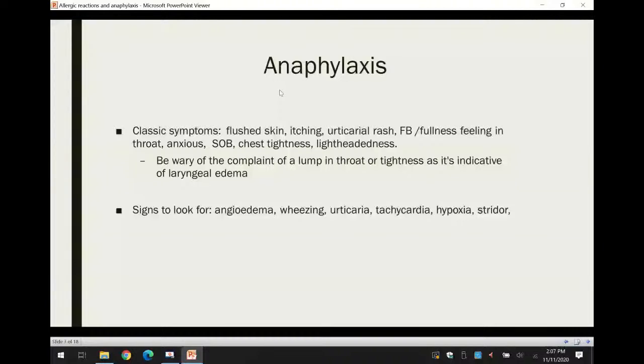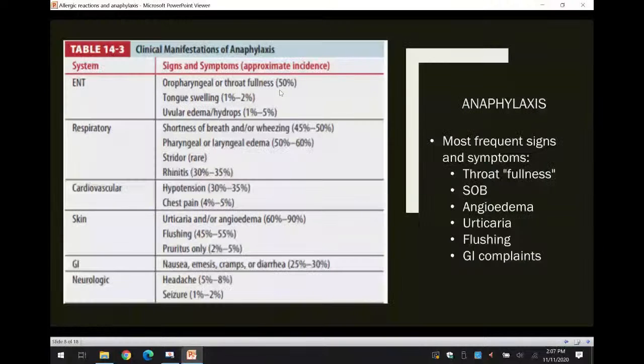Almost 30% of patients have nausea, vomiting, or diarrhea as one of their primary symptoms of anaphylaxis. So the most common are fullness in the throat, shortness of breath, angioedema, urticaria or flushing, and then the GI symptoms.